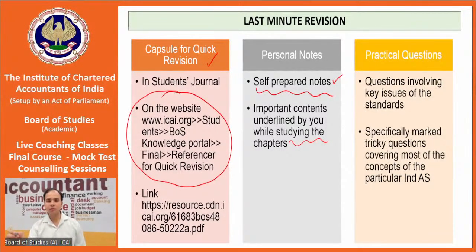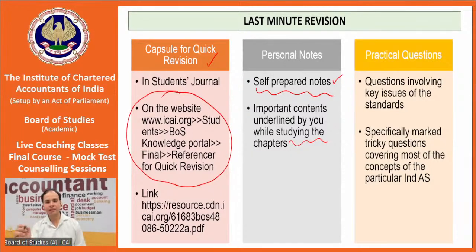So you should attempt to solve only those questions which are comprehensive in nature, which cover all the underlying concepts, which are representative of a particular Ind AS and somehow interrelate the concepts of other Ind AS. It will not only help in your revision, but it will also help you in gaining confidence.